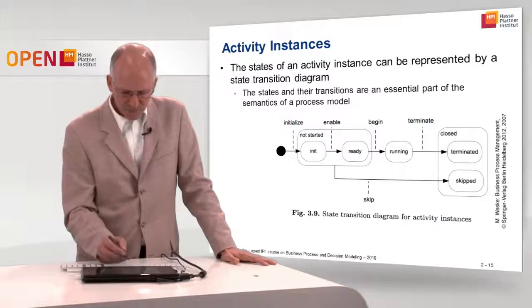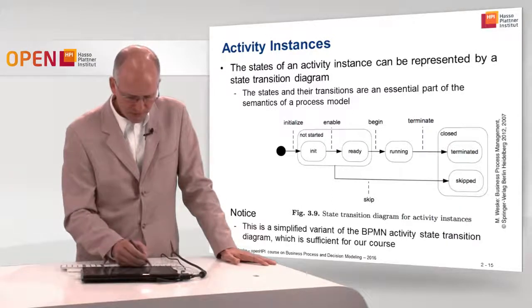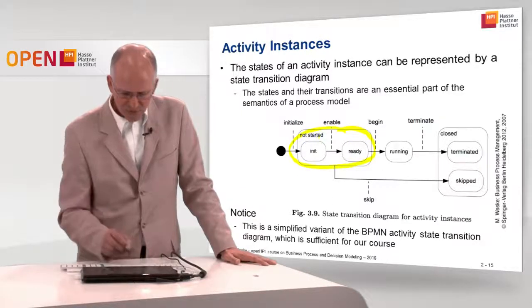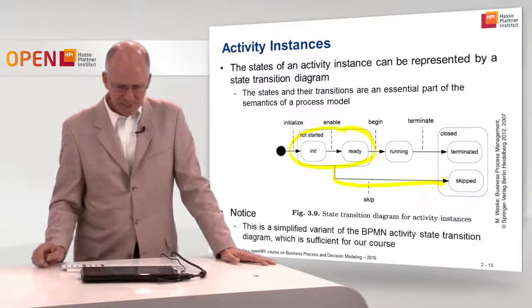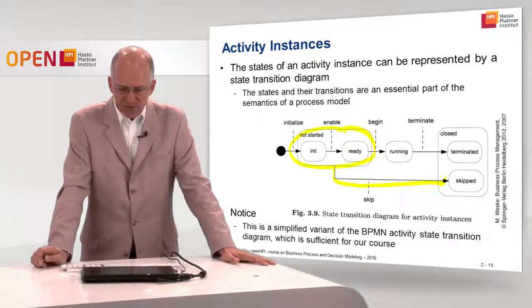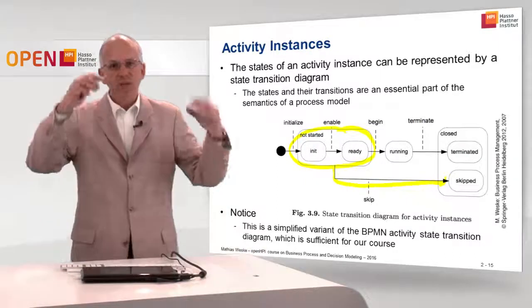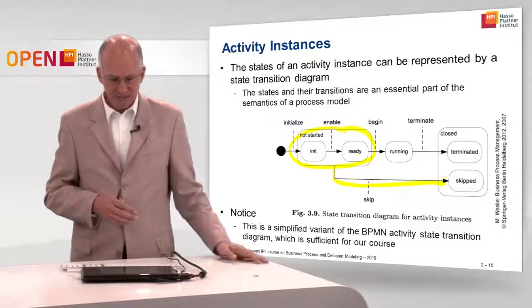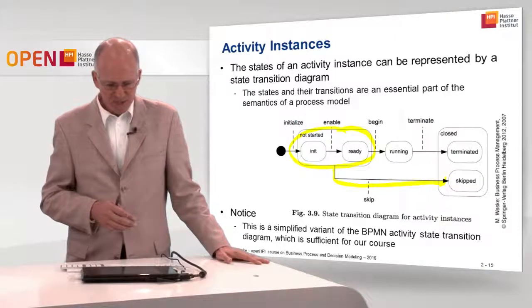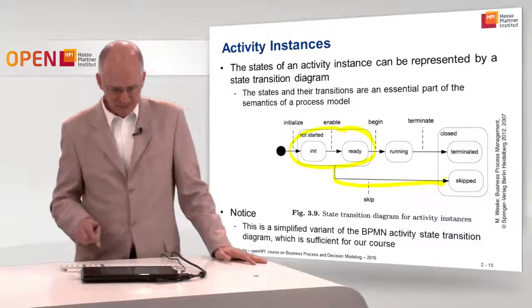Here we see the composition of these two, and the transition from the not started state to skipped is then possible from init and ready, and therefore we have this not started state around it. That makes it simpler in the presentation, and it saves basically one arrow to the skipped state.